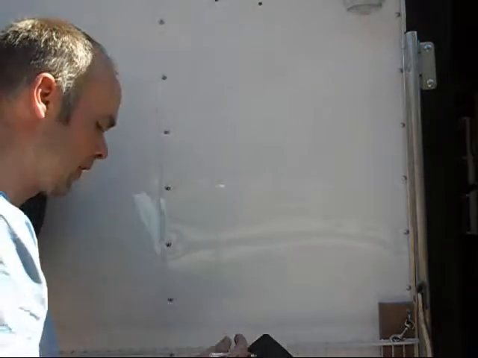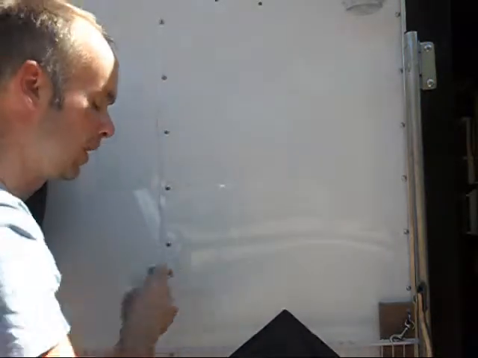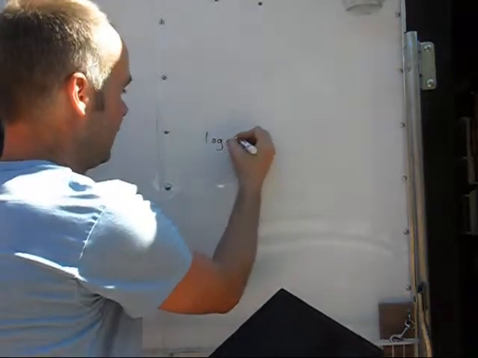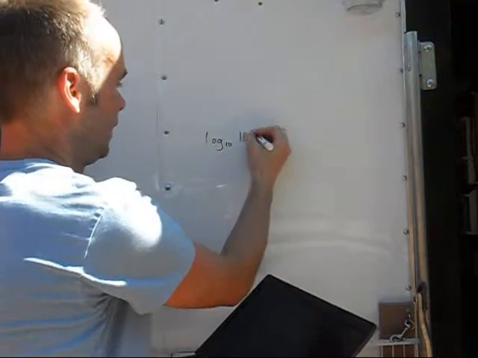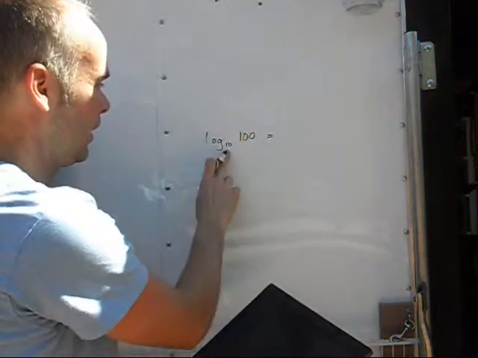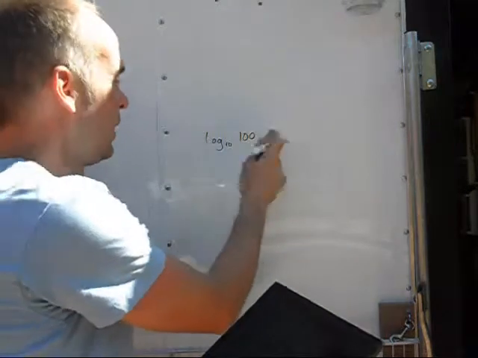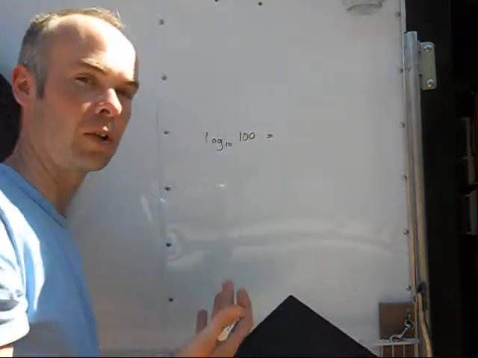So I took some notes here. The way we write this is kind of backwards thinking. We wrote 10 squared equals 100. If we look at the log base 10 of 100, this is basically saying, here's our base 10, 100 is the anti-logarithm, and what we're looking for is the log, which is the exponent.